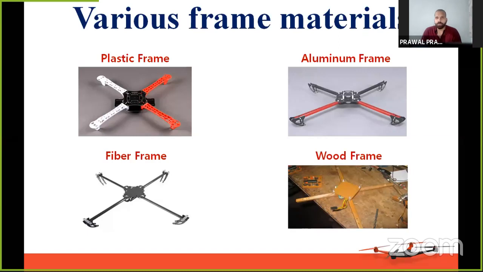If we talk about the aluminum frame, very strong advantage, very strong. But because it is aluminum, it is a metal, it is not going to be very lightweight. It's going to be a little bit heavy. Third disadvantage, it is not at all balanced. Because it's a metal, it's not balanced at all. There is a thing which is called turbulence. If you have ever been on a flight, your flight sometimes turbulates like this in the air.